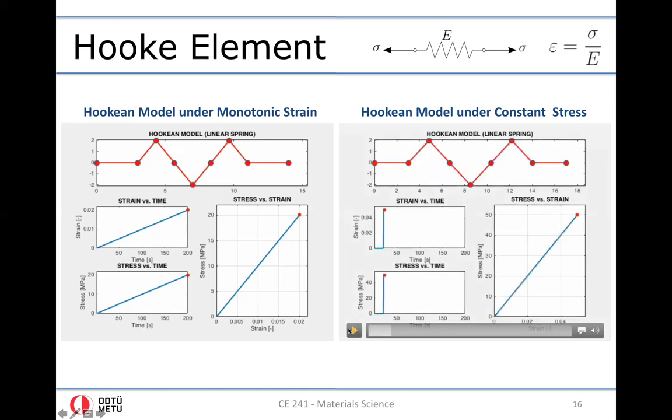It is stationary. When the stress jumps to the value of 50 megapascals, the spring immediately responds without any delay. That is the typical feature of the spring in this rheological setting, where we don't observe any delay in the response. Response is instantaneous.